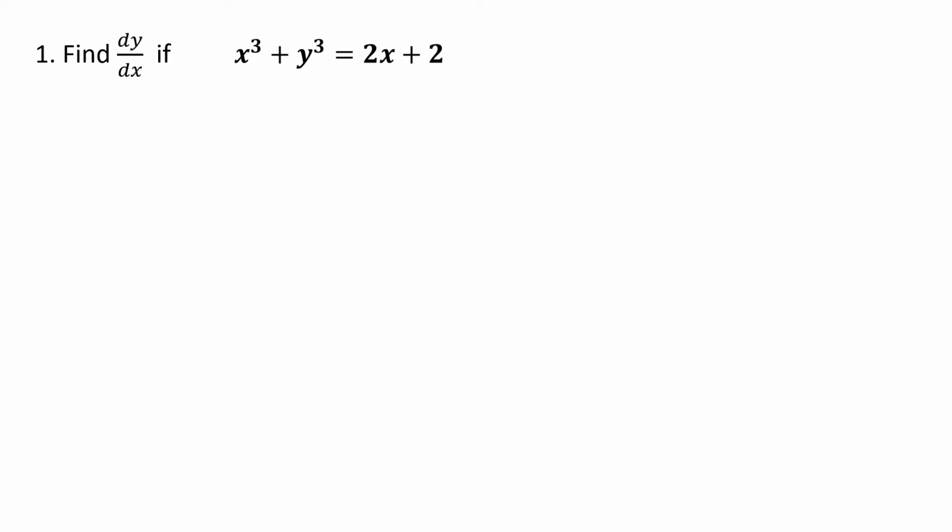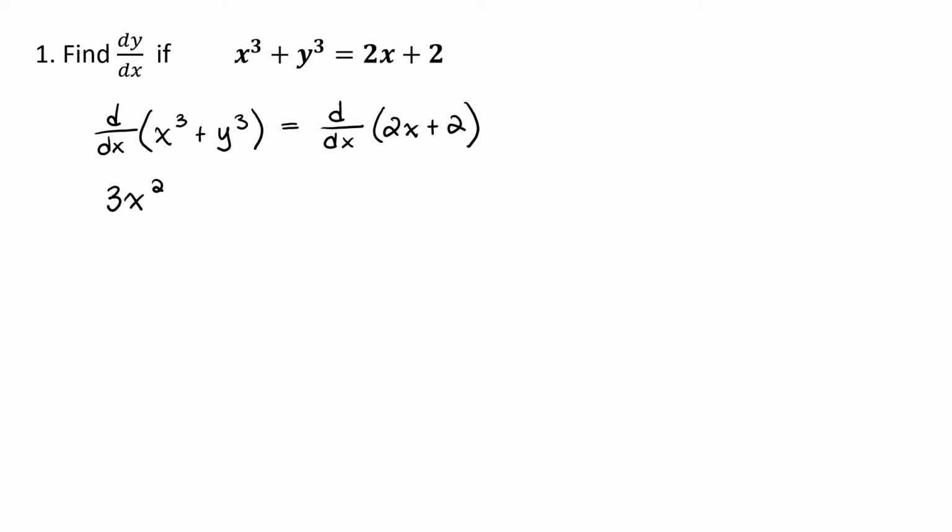So we'll need to find the derivative with respect to x of x cubed plus y cubed is equal to the derivative with respect to x of 2x plus 2. So that's the derivative with respect to x of x cubed, which will be equal to 3x squared, and then the derivative with respect to x of y cubed.